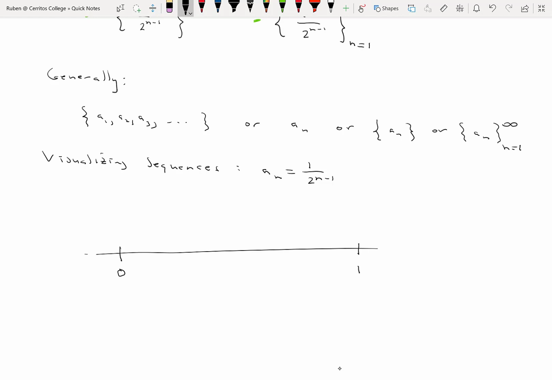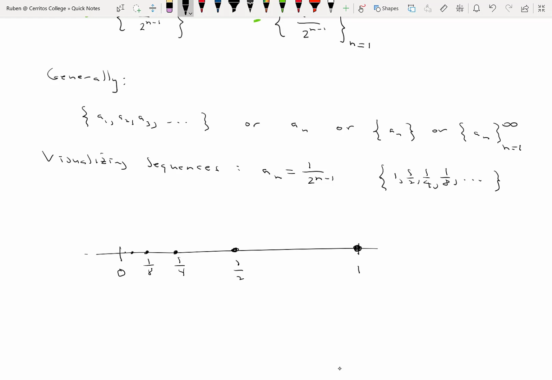Remember, the actual sequence, if we write it out, looks like 1, then 1/2, then 1/4, then 1/8, etc. We put a heavy dot at 1. There's a sub 1. Then we put a heavy dot at 1/2. There's 1/2. Then we put a heavy dot at 1/4. Then a heavy dot at the next term, 1/8. And we keep doing this.